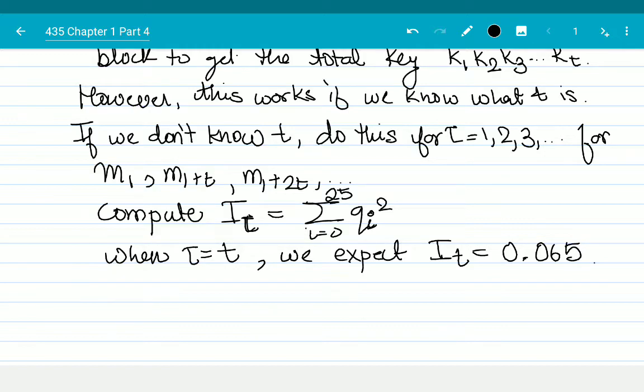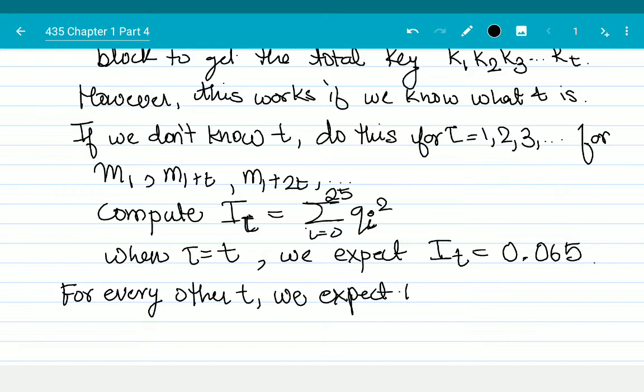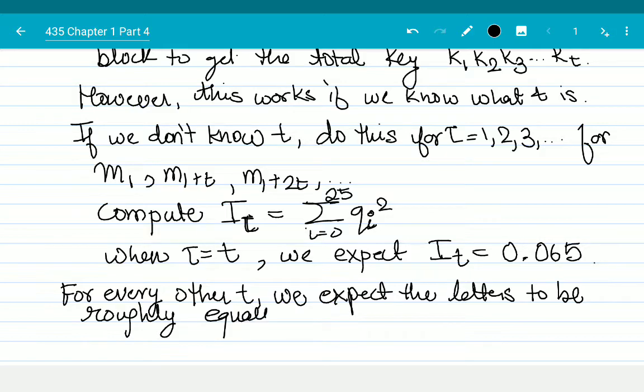For every other t, we expect the letters to be roughly equally distributed.